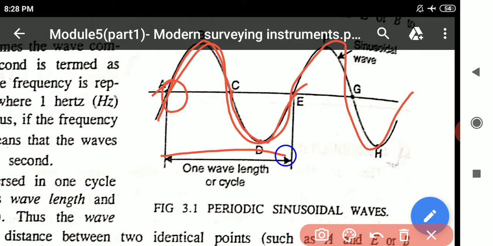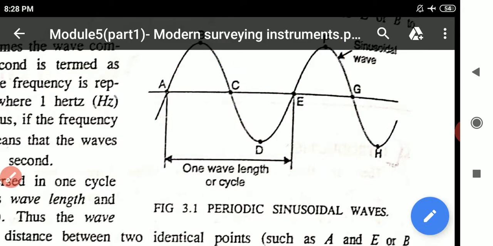From A to E is one wavelength, or one cycle. So these electromagnetic waves have some properties.